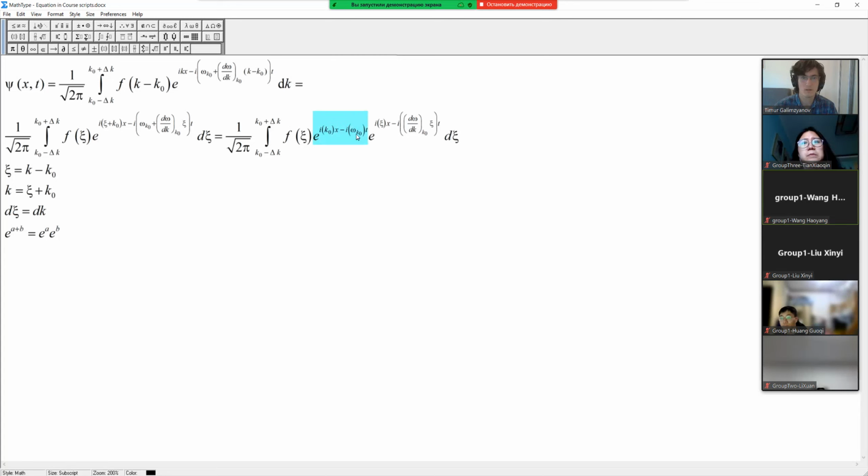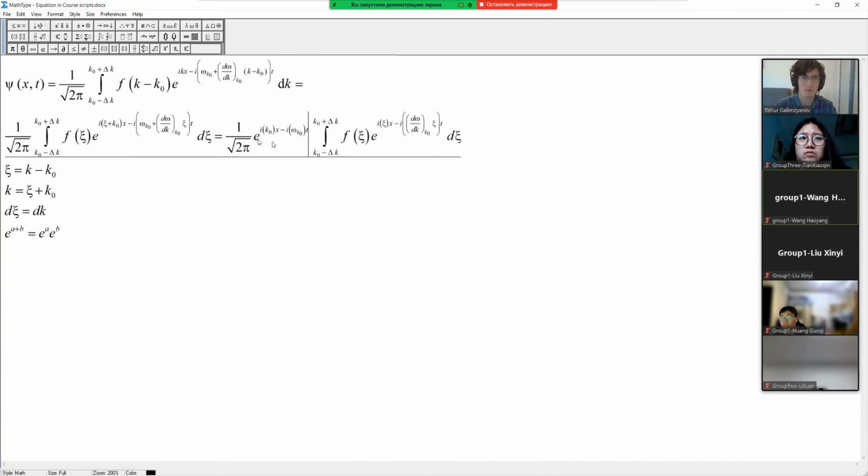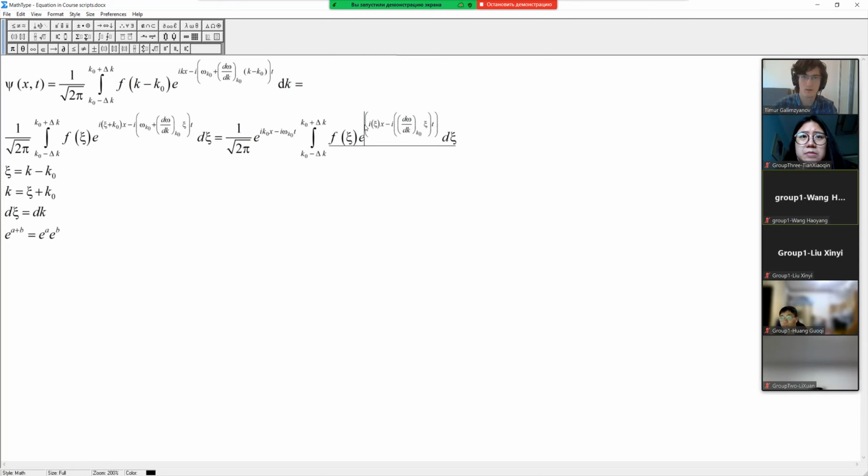Then we see that this term does not depend on psi, and we can just move it before the integral. And here we can simplify this equation by factorizing it. I can factorize here i and psi.